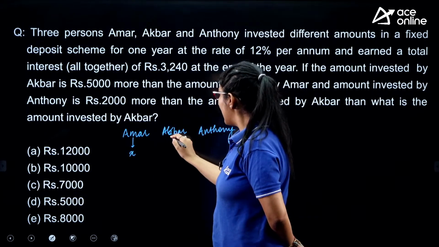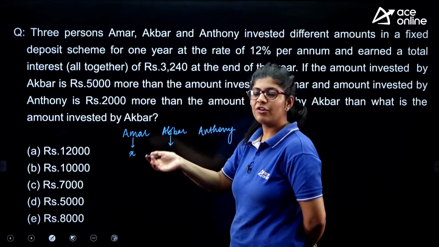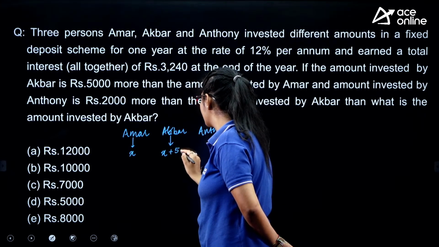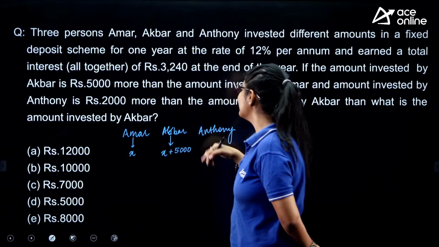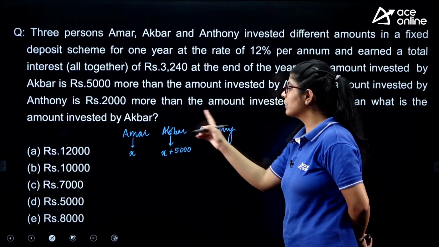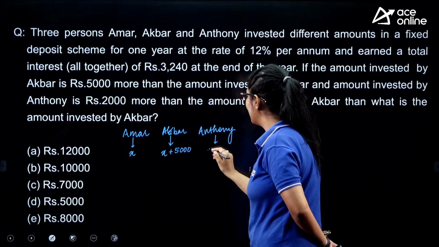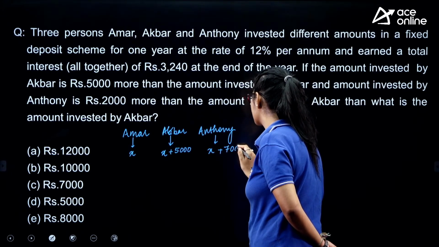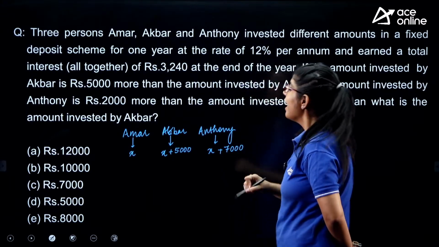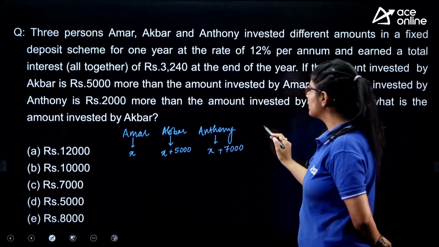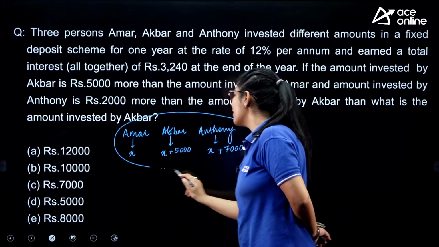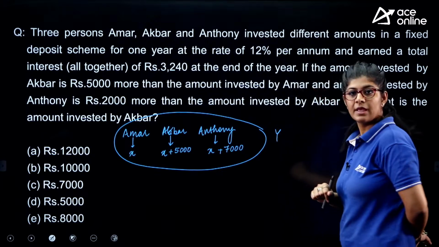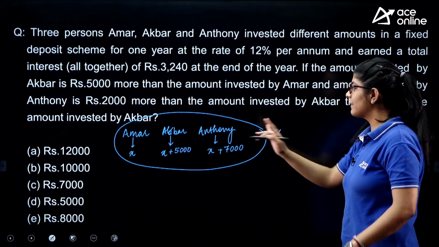Akbar invested 5,000 more than Amar, that means X plus 5,000. Anthony deposited 2,000 more than Akbar, that means X plus 7,000. Let's suppose the total amount invested by all these three is Y.